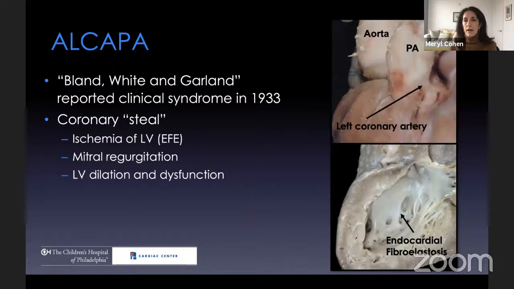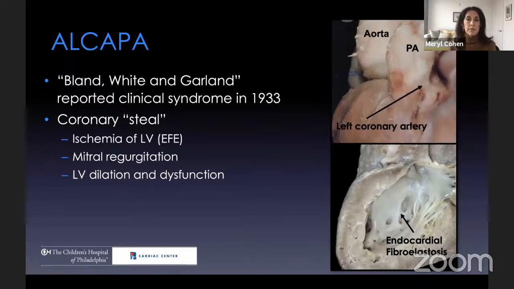And as many of you know, it's not that there is blue blood getting into the myocardium that's the problem. The problem is that as the pulmonary vascular resistance drops, after the first few weeks of life, you get reversal of flow. So you get steal from the myocardium into the pulmonary artery. And this causes ischemia of the left ventricle, which can result in this endocardial fibroelastosis you see here.